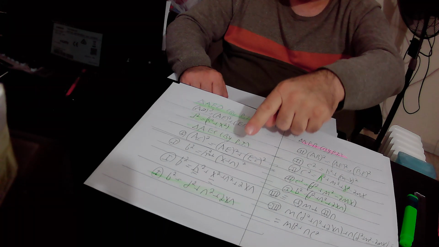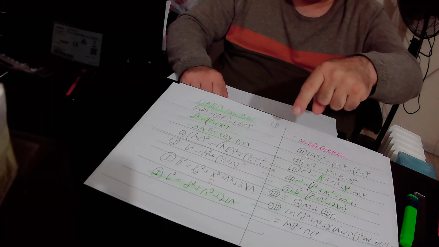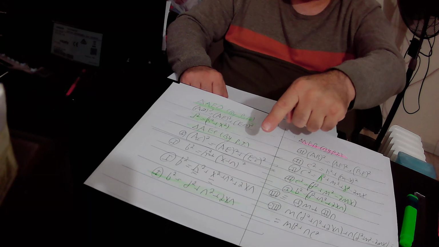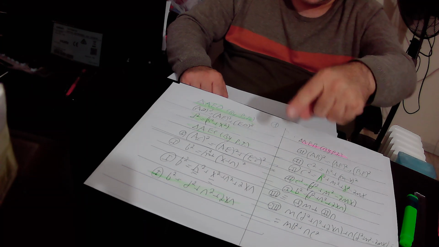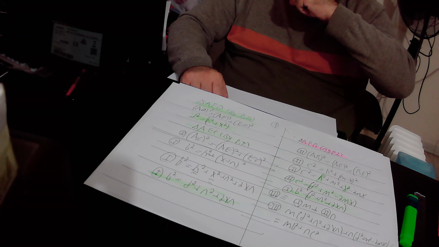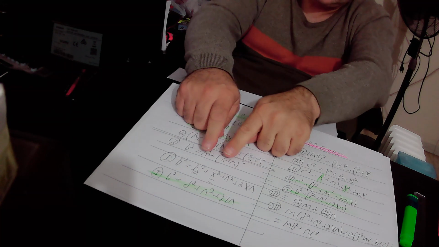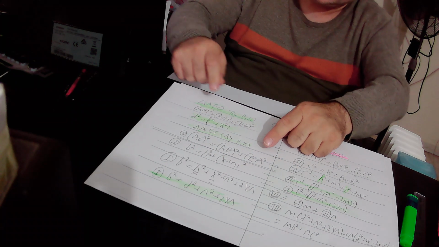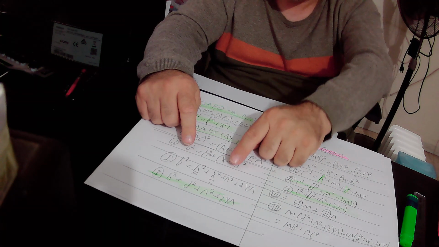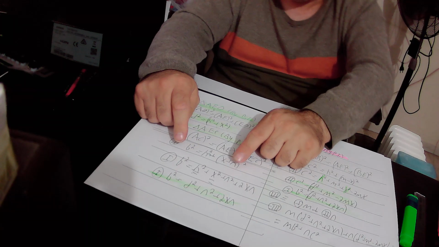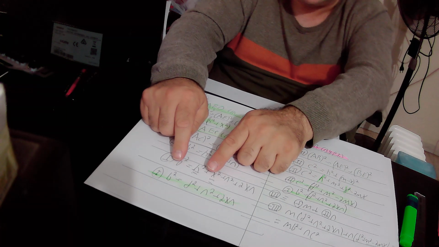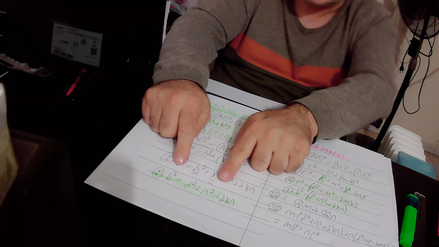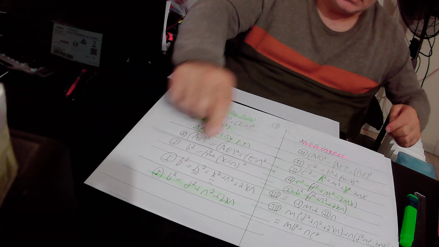We open the brackets here, so b squared equals h squared plus x squared plus n squared plus 2 times xn. h squared plus x squared equals d squared according to this equation. So we substitute h squared plus x squared in this equation number 1 by d squared, and we got that according to equation number 1, b squared equals d squared plus n squared plus 2 times xn.